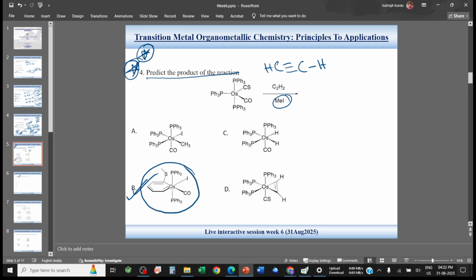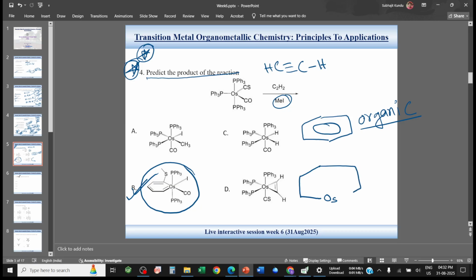You can see that osmium is bound to a ring. If I draw this, this is our normal aromatic benzene ring, an organic molecule. But here this compound is formed with osmium, and all other substituents remain the same.